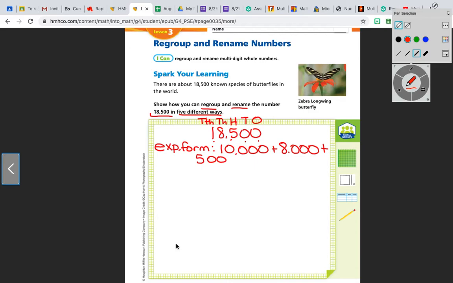If I was going to write it in word form, change colors. So word form, and I'm going to write it out. So I like to practice saying the number 18. That comma says 1,000. So 18,500. And I like to say it over and over while I'm writing it. 18,000.